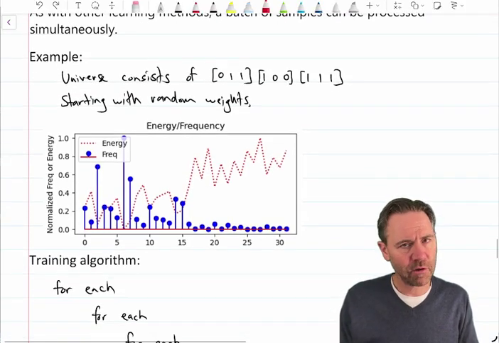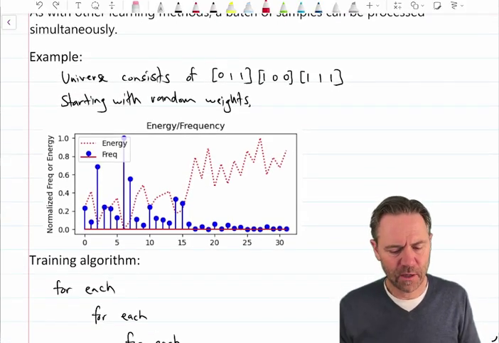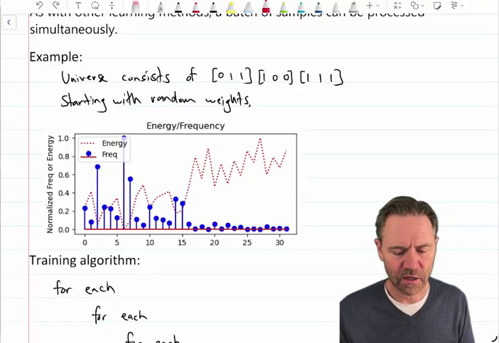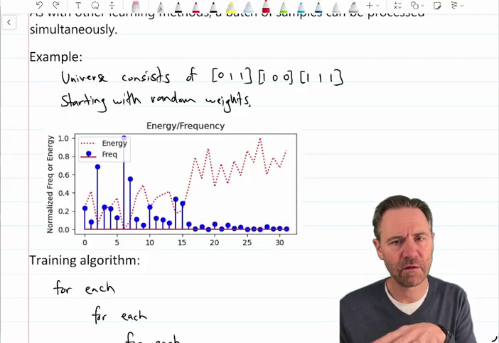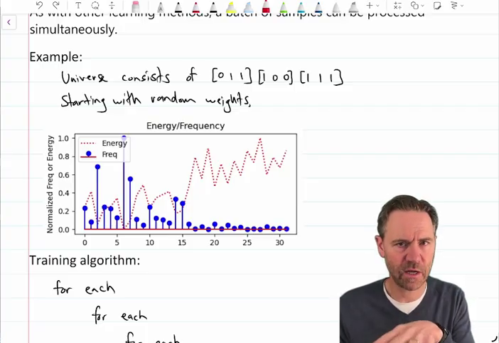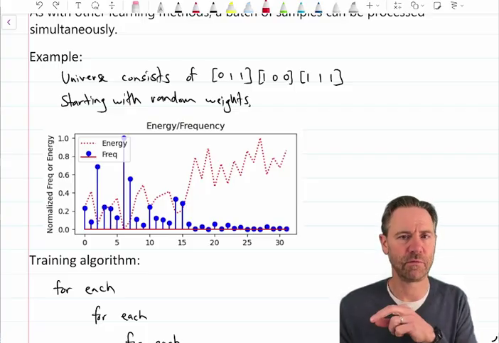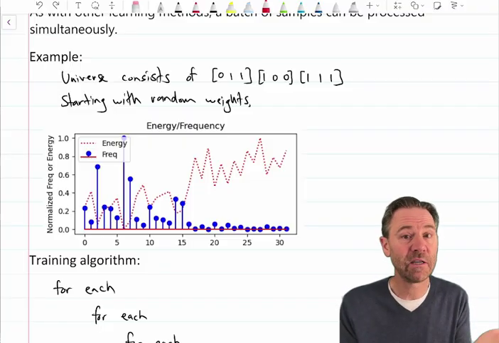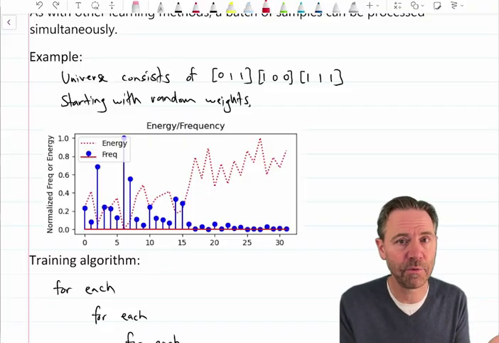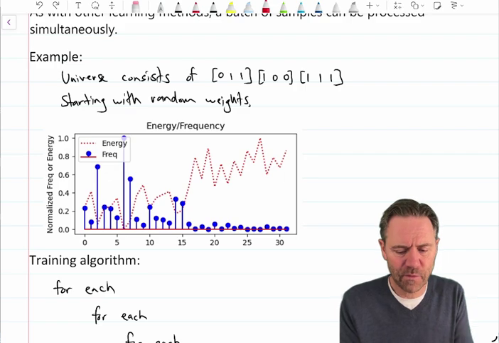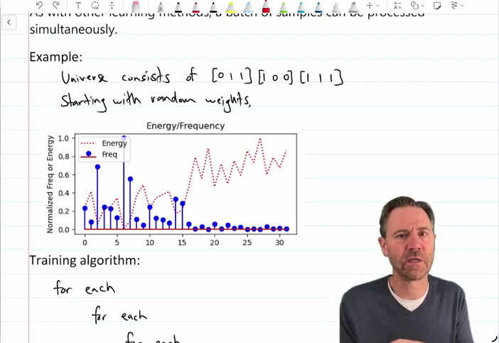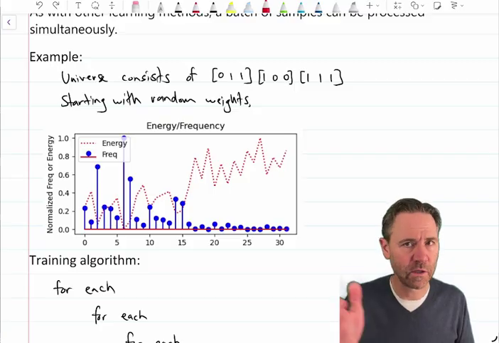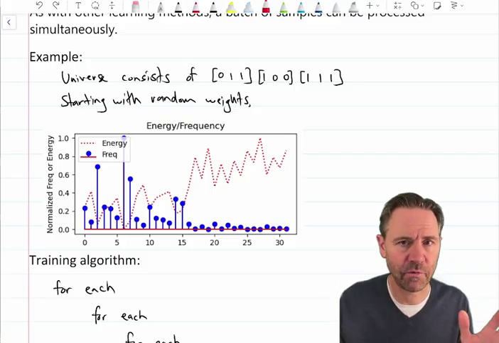Okay, so as an example, and I'll run some code in a minute, let's just say our universe, as our agent is walking around, the things that it observes, in this example, we have 3 visible nodes, 2 hidden nodes. So the world could contain 8 different visible binary inputs, but this world that this particular agent is walking around in only sees 0, 1, 1, 1, 0, 0, and 1, 1, 1, only those 3.